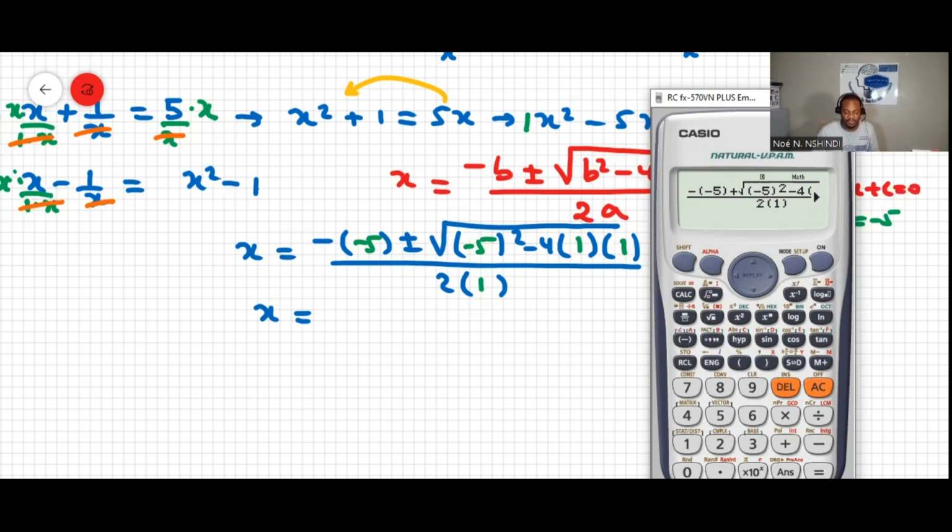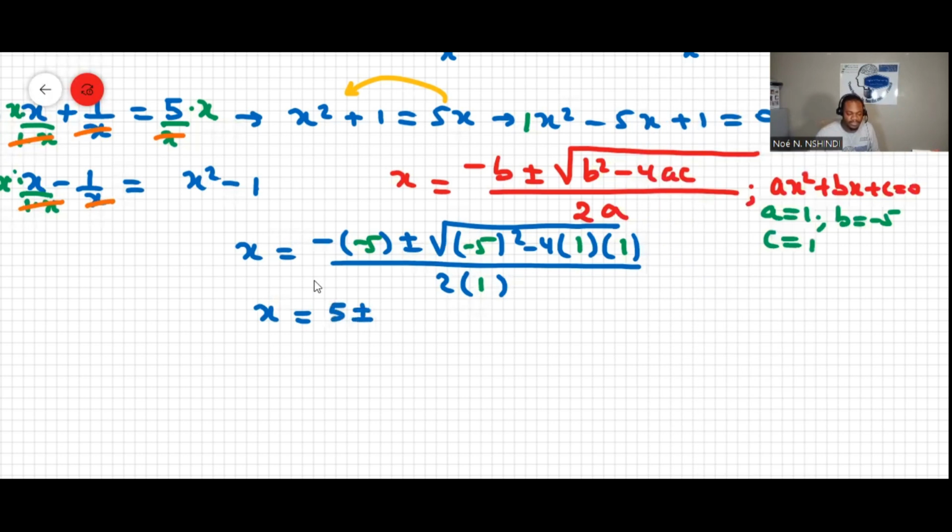Now if we hit equal, the answer is 5 plus minus square root of 21 over 2.